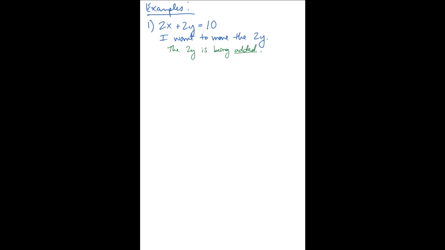So the opposite would be subtract 2y. So the opposite of adding 2y is subtracting 2y. Or we could think of this as adding negative 2y, if you want to think of everything as addition. So I want to subtract 2y from both sides of the equation.